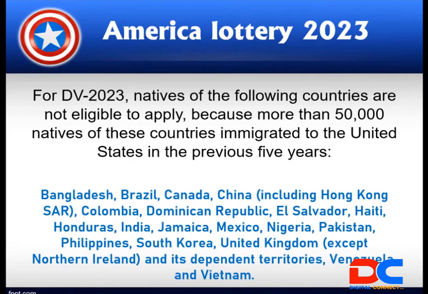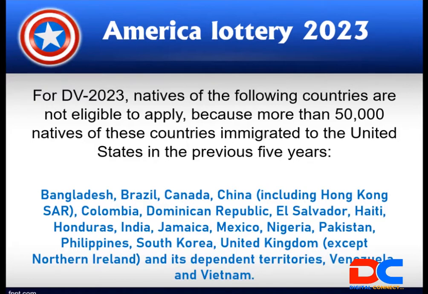Everybody is eligible to apply for this visa except countries who have more than 50,000 of their natives immigrated to America over the past 5 years. And those countries include Bangladesh, Brazil, Canada, China, Colombia, and the rest. So in Africa here, we have Nigeria.